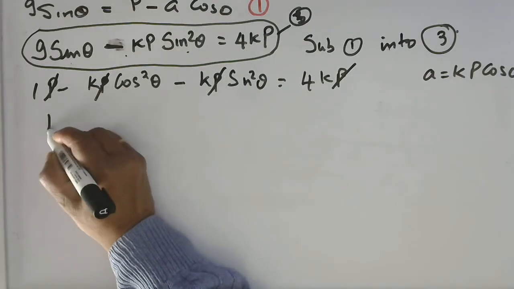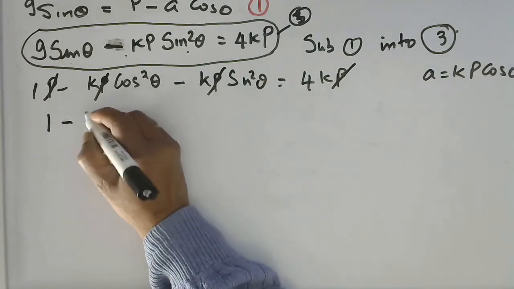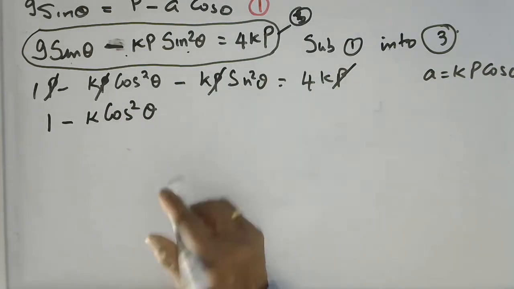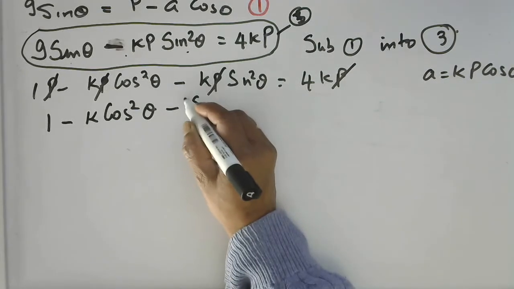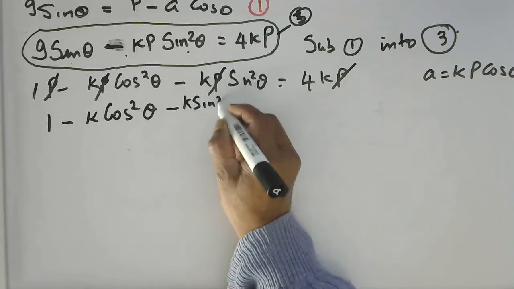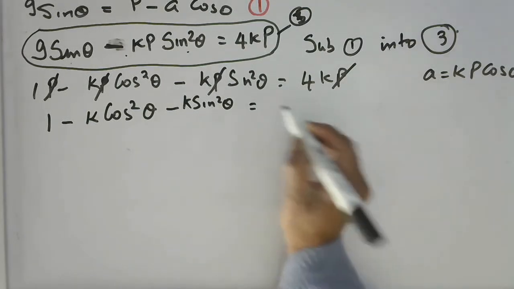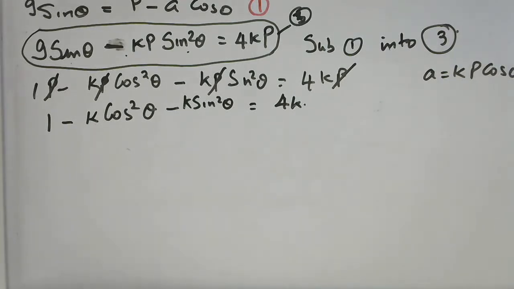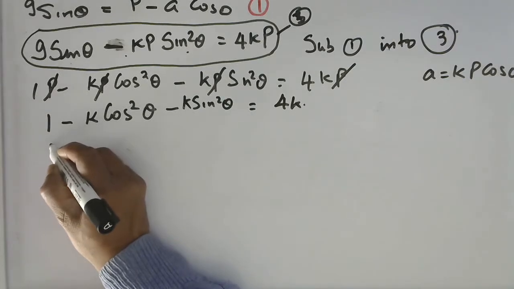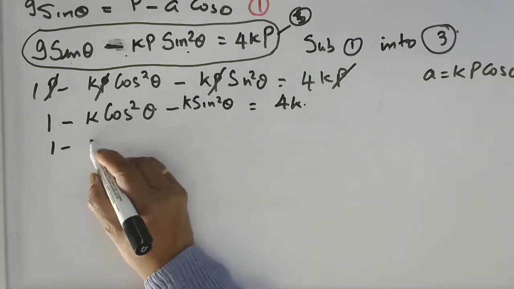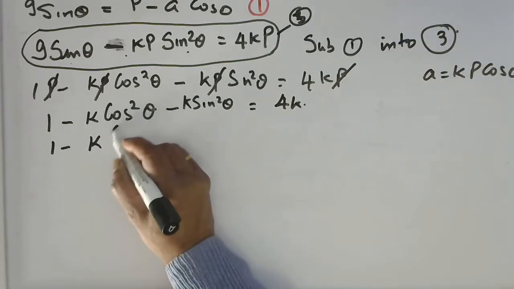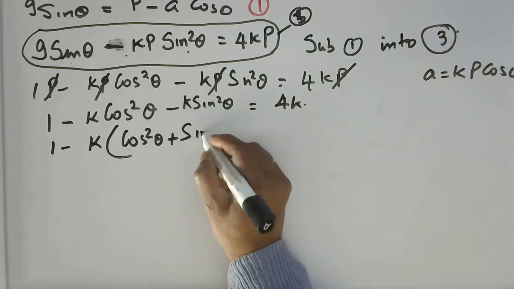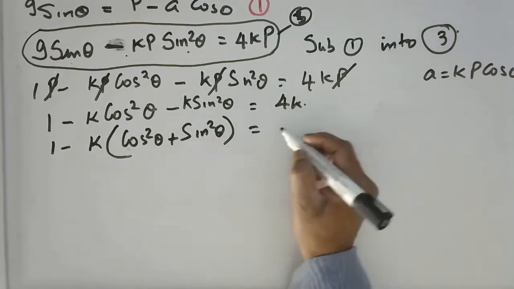So what we'll have here is 1 minus k cos square theta minus k sine square theta equal to 4k. Next I'm going to use a trigonometric identity. Taking k as a common factor, it's 1 minus k into cos square theta plus sine square theta equal to 4k.